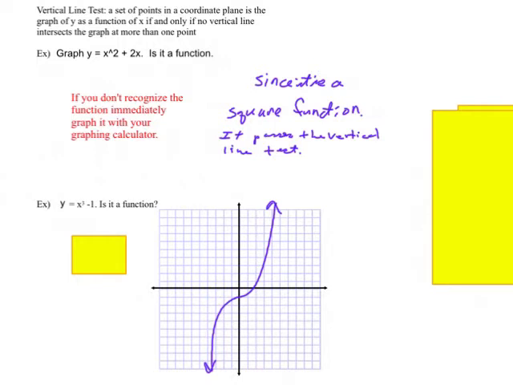Okay, so if I put a line straight up and down here, and I'm going to take that line and I'm going to move that line across. And notice if I only touch the equation just once, then yes, it is a function. So my reasoning here is yes, it is a function. And why is it a function? For this reason right here. It passes the vertical line test.